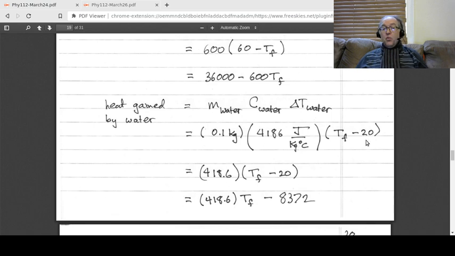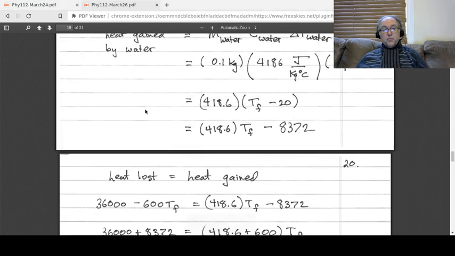The change of temperature in the water, well, now it's the other way around because TF is a higher temperature and 20 is the lower temperature. So if you take TF minus 20, that tells you the temperature change of the water because the water starts off at 20 degrees and it heats up to TF. So the temperature change is going to be TF minus 20, the other way around for the ethanol. All right. And again, I just simplified that for you.